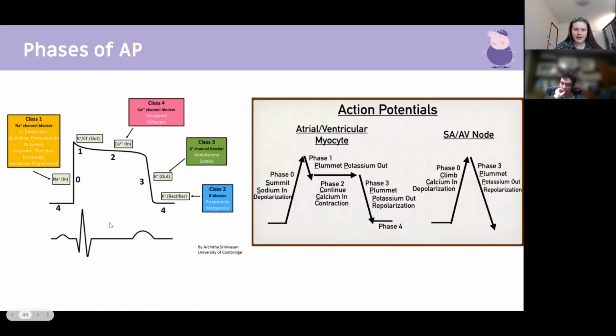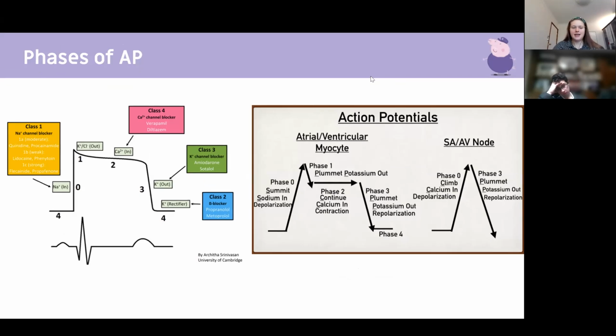Hopefully you're all familiar with the ions and where they happen. The way I've described these drugs in the next few slides is related to this graph over here.